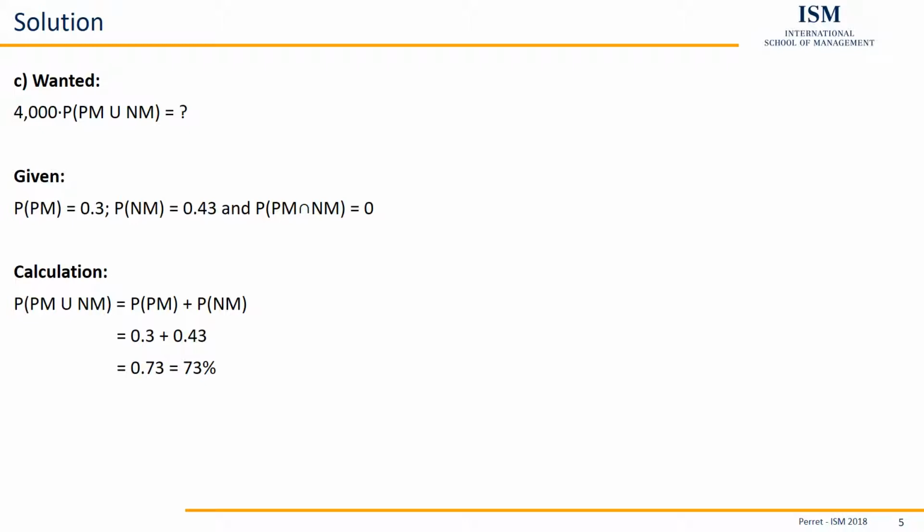So 73% of all our students study either PM or NM. Then we just need to multiply this 73% with the 4,000 students, giving us 2,920 students who study either PM or NM. And that's then the answer for our exercise part C.